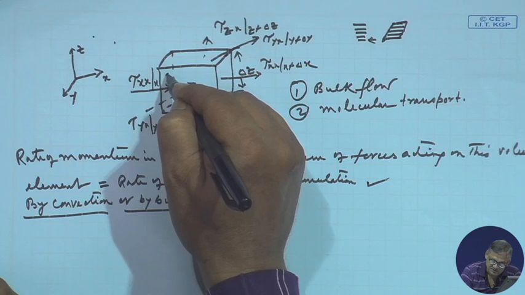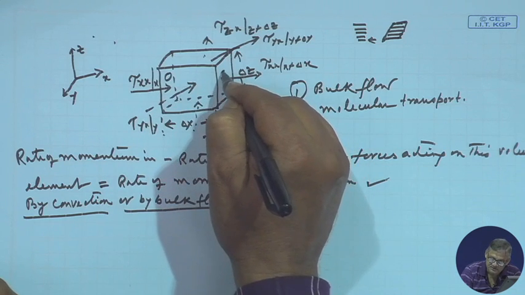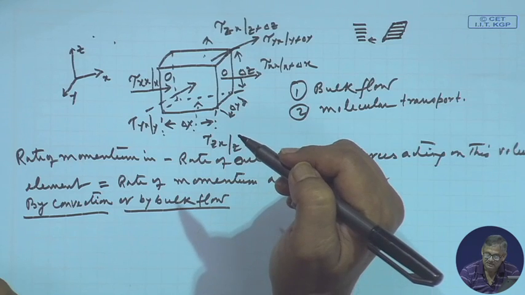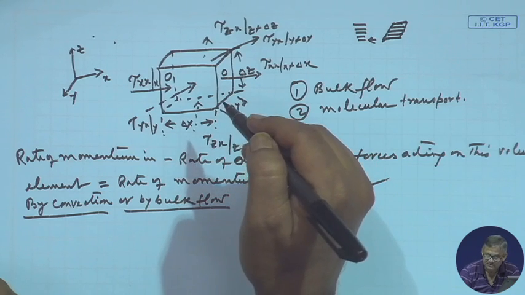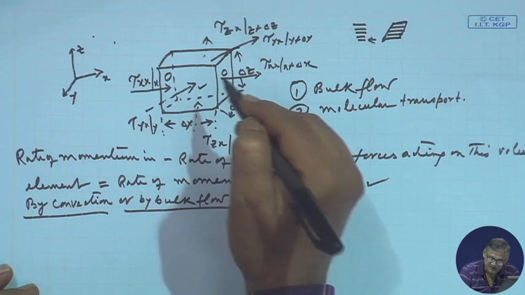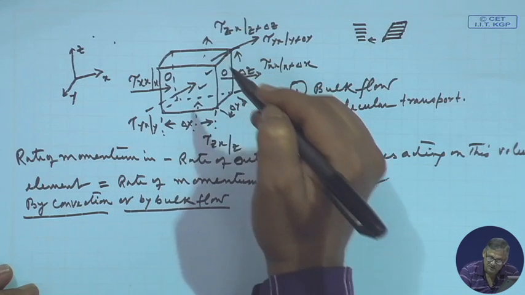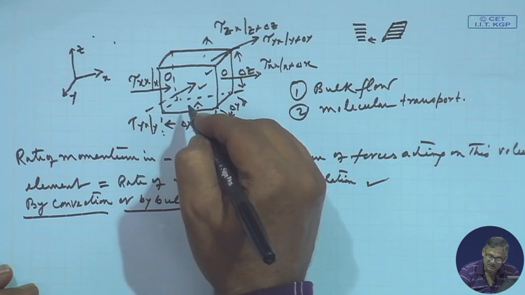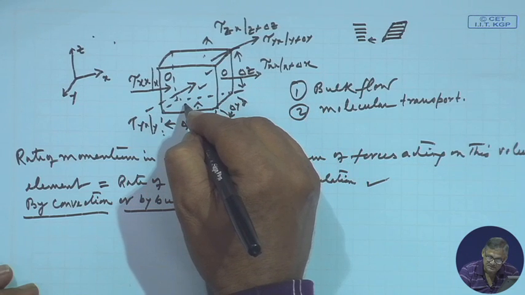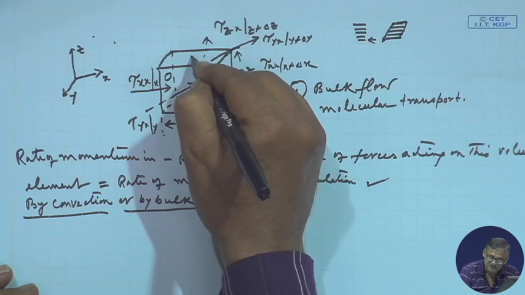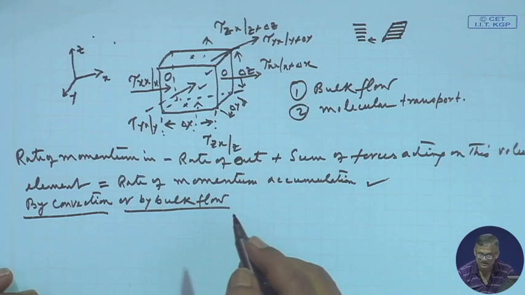This was the face x, this was the face x plus delta x, and this was the face y and the other one was y plus delta y, and this was the face z and the other one is z plus delta z.